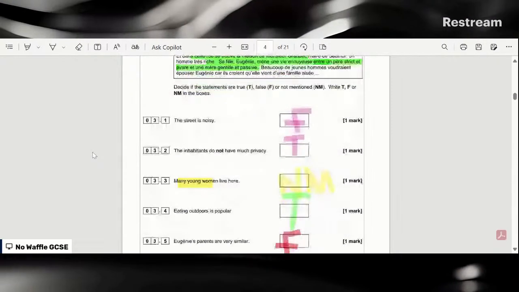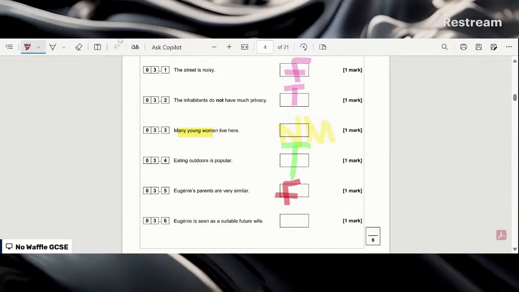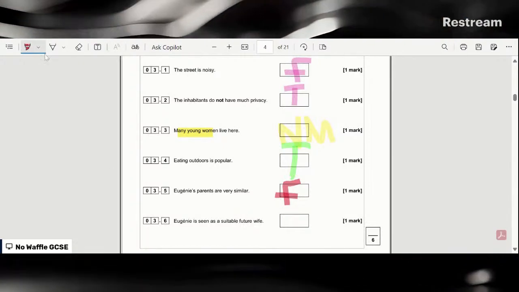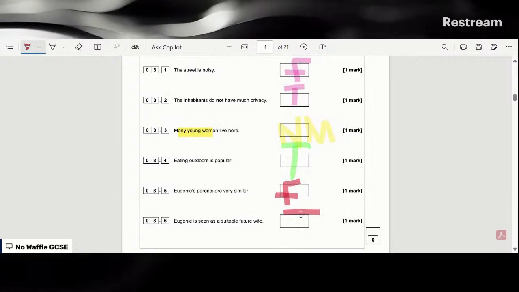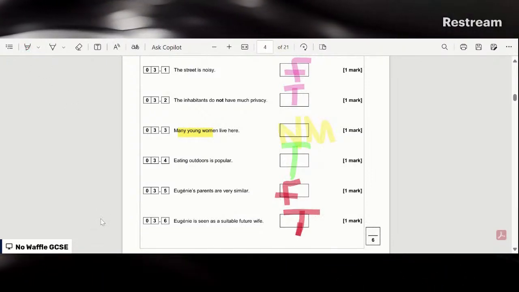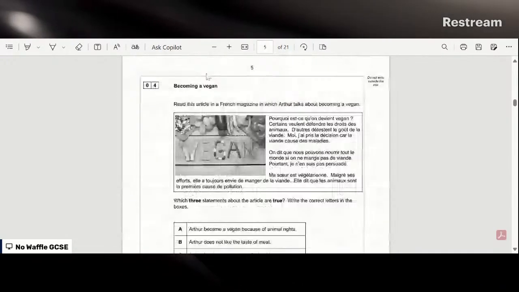So aisée means comfortable, okay? So Eugenie is seen as a suitable future wife. Well, you can say that that's true because a lot of people want to marry her. Okay.